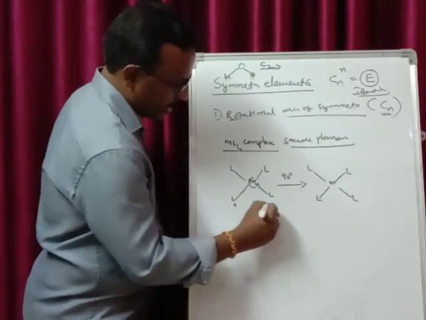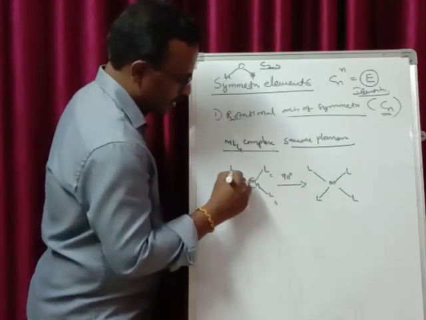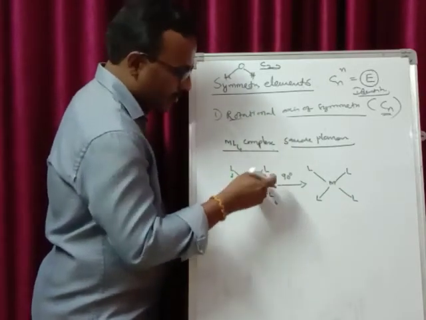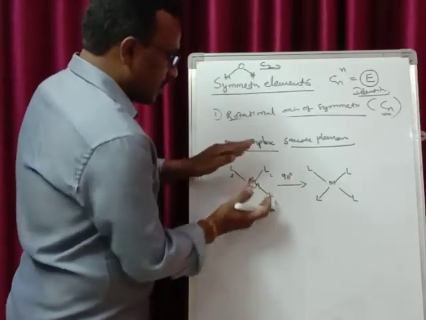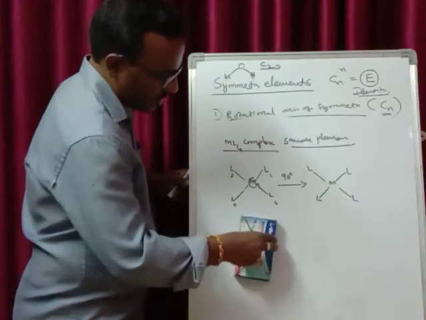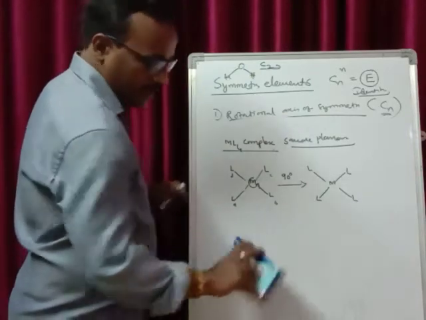I label them as L A, B, C, D. Now the axis is passing from the center of the metal atom and I am rotating by 90 degrees each time, such that this is the situation. Each time I am rotating by 90 degrees.